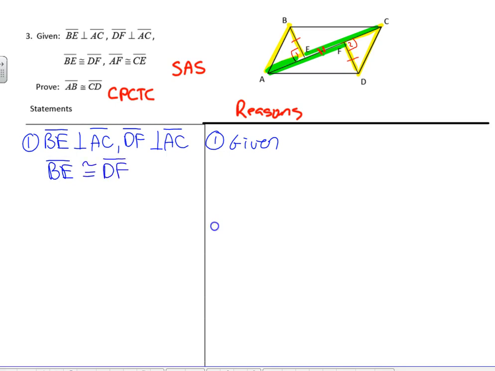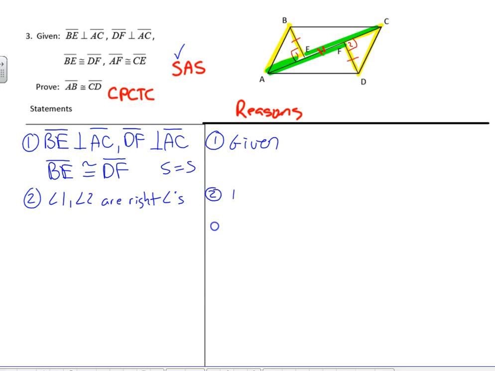I'm going to bring the other given in later. You'll see why. Okay, so side congruent to a side, so that's part of the triangle plan. Let's go get the angles. Angle 1 and angle 2 are right angles.